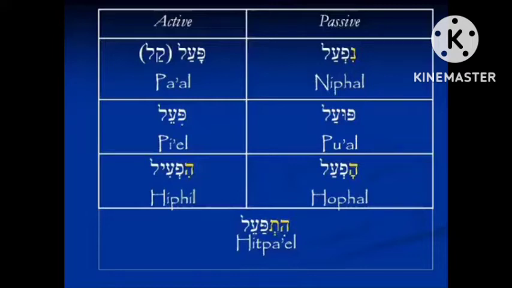Now, one of the clues you have in the past tense is in the nifal, the conjugation will always begin with the nun. In the hifil, it will begin with a hey, and also in the hofal. The hitpa'el will always begin with the hey tav. So these are some little clues. These are strictly for the perfect tense, for the past tense, for the conjugations of these binyanim.